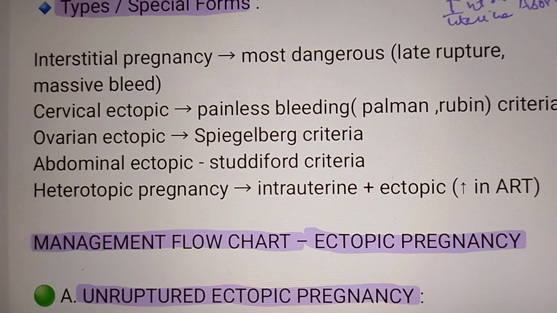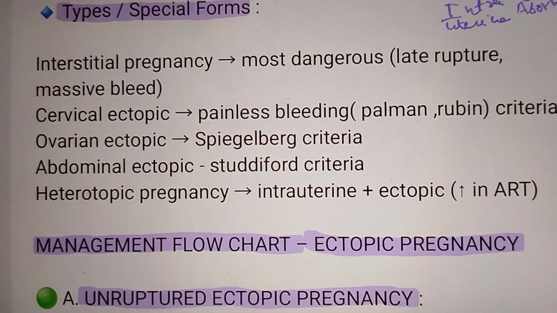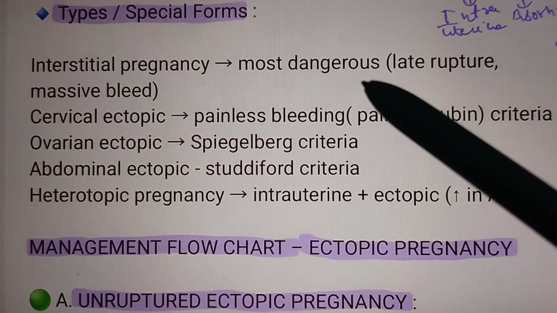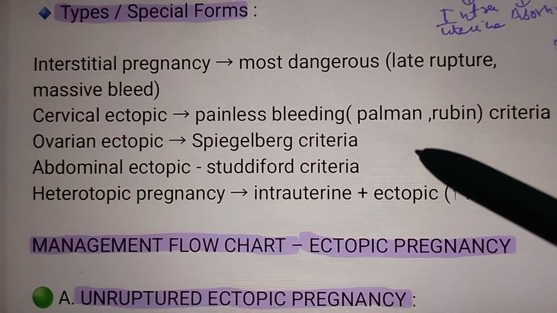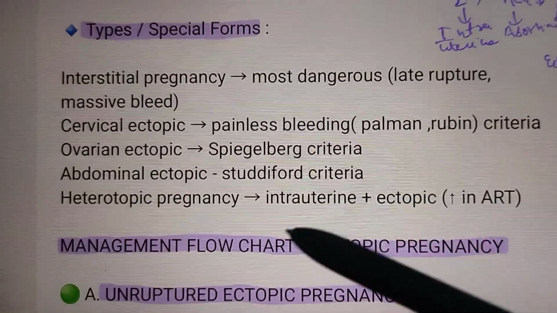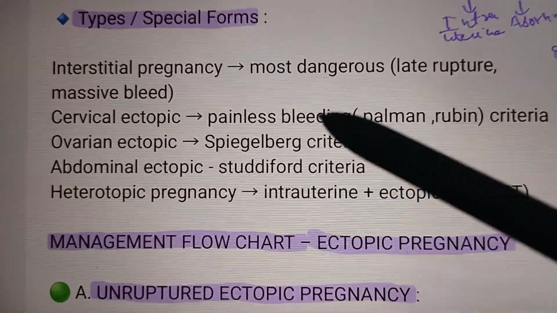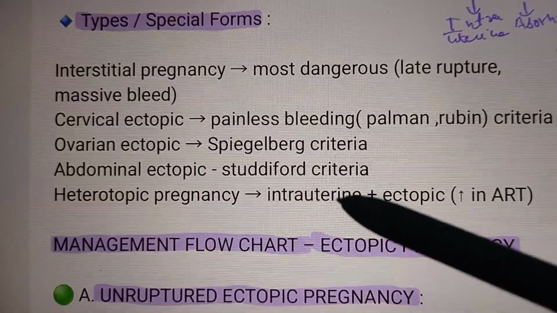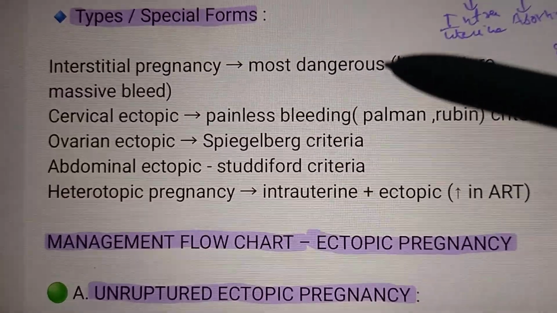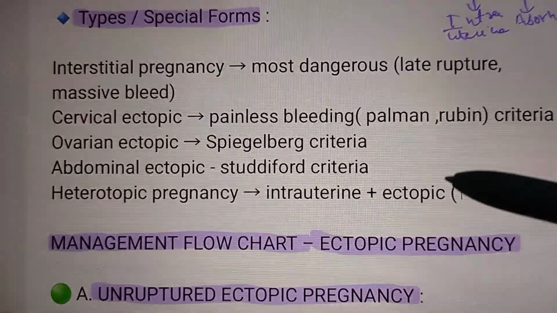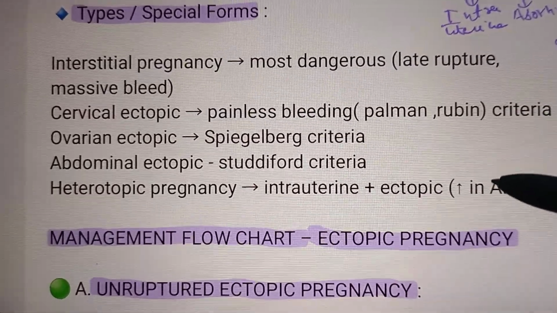Then there are various special forms, like cervical ectopic. The criteria for it is Rubin and Paalman criteria, and it causes painless bleeding. Then ovarian ectopic, the criteria is Spiegelberg. Then abdominal ectopic, the criteria is Studdiford. So these criteria are asked in INI-CET and NEET PG also.